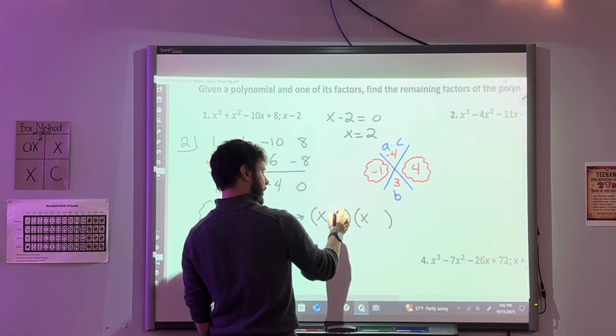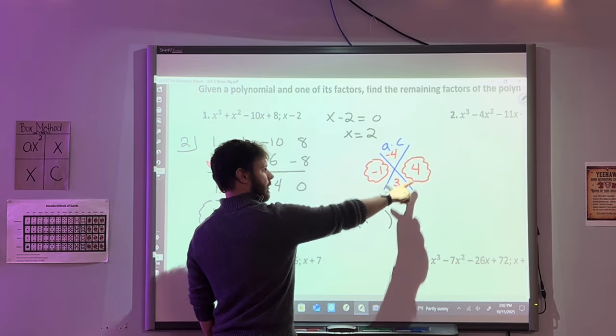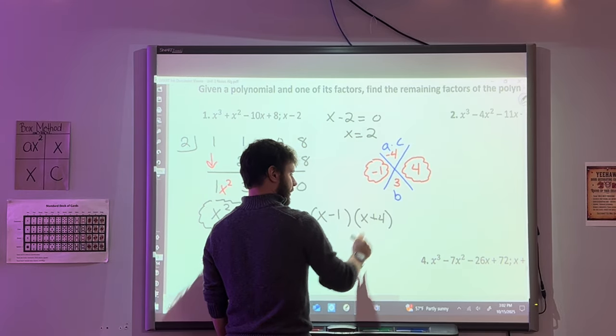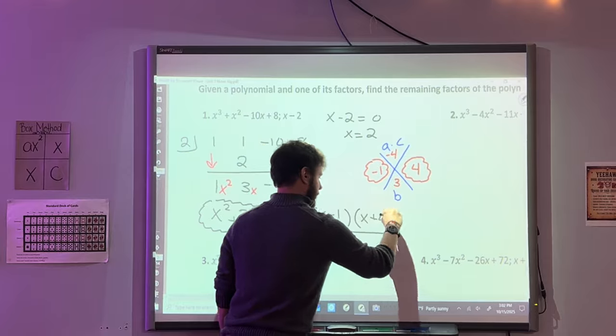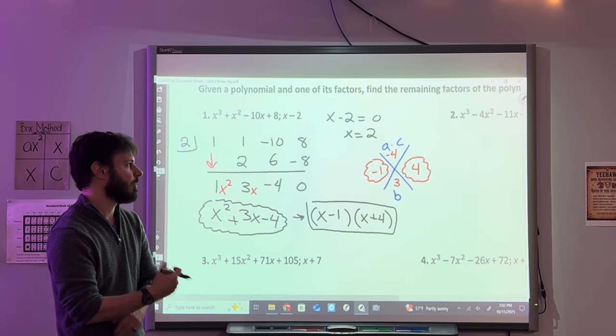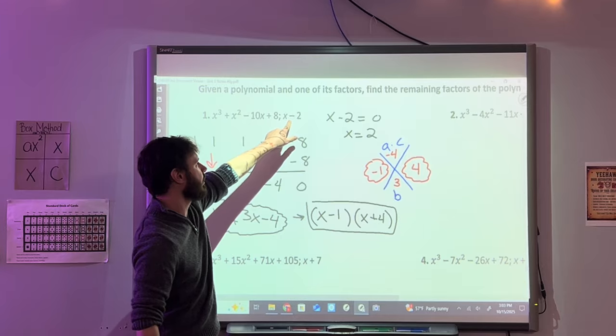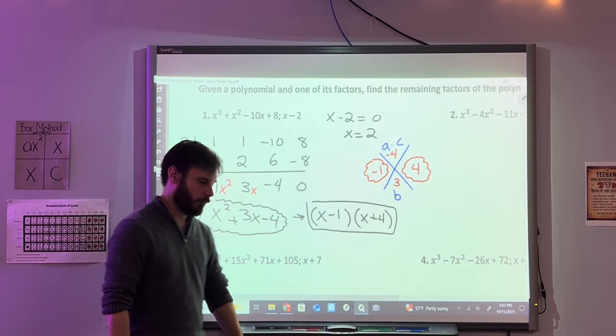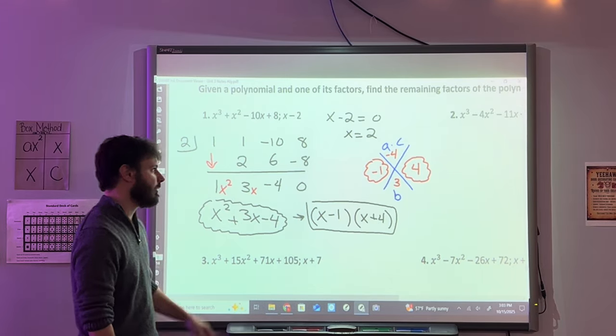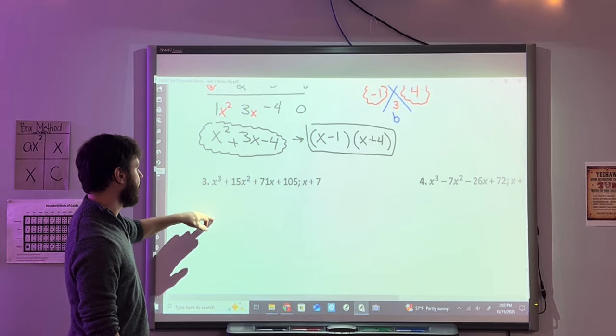I'm going to drag and drop these, minus 1, 4. And that is my factored answer. Given one factor, find the other 2. Nicely done. Thanks, me. Down to number 3.